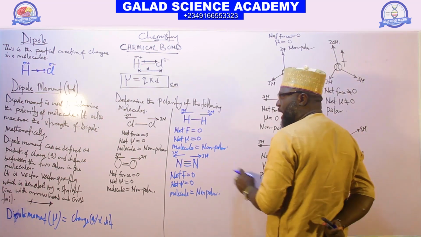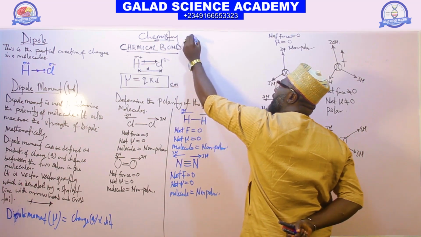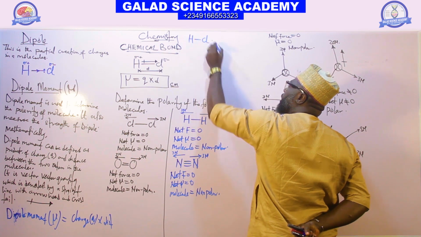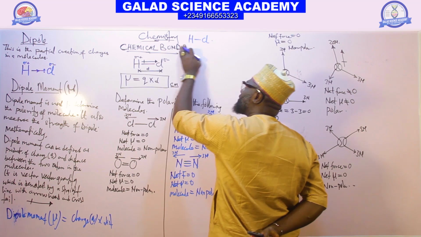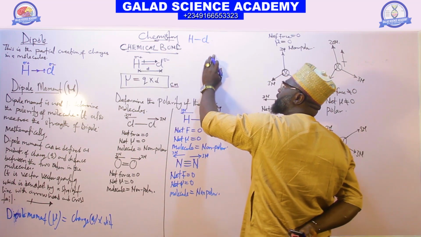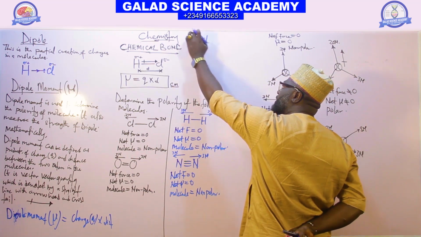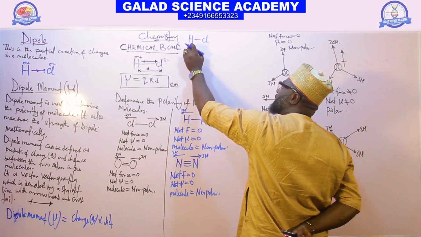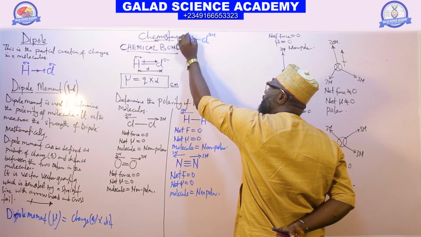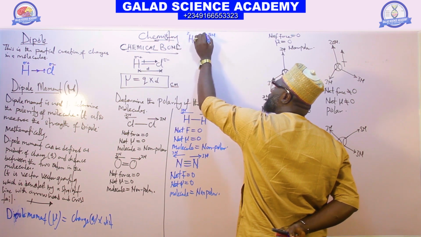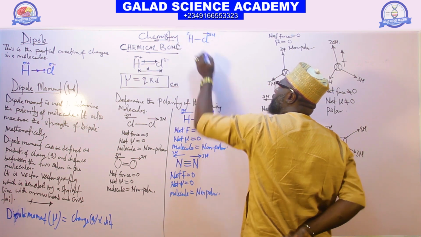Okay, let us check this molecule, hydrogen chloride. So you know that they are of different electronegativity. Let me say here is 5 Newton.